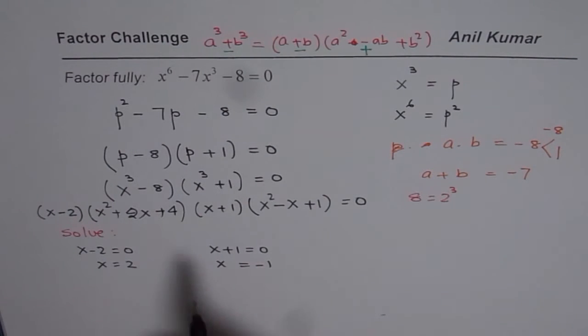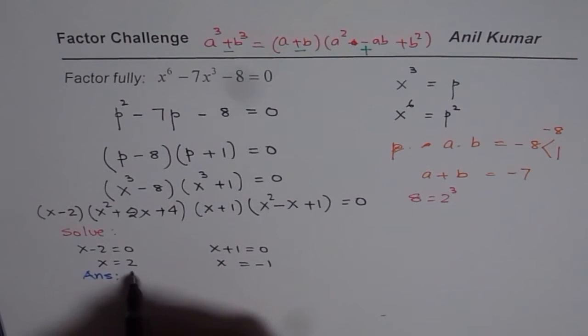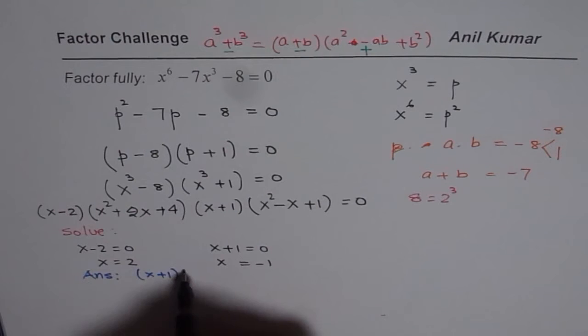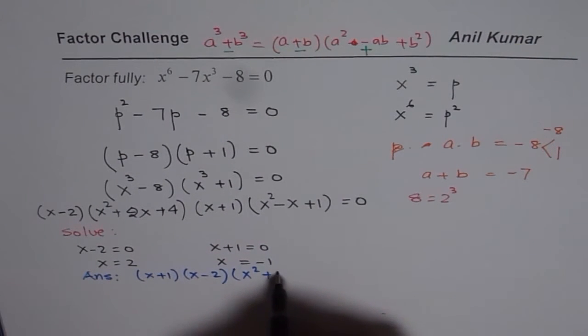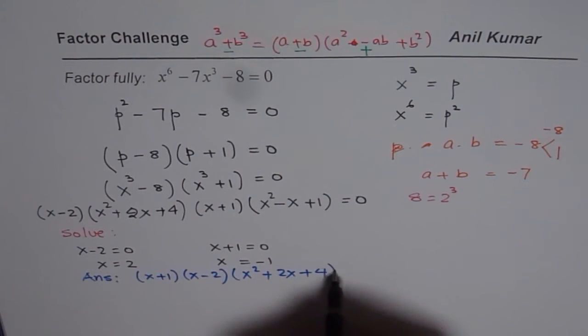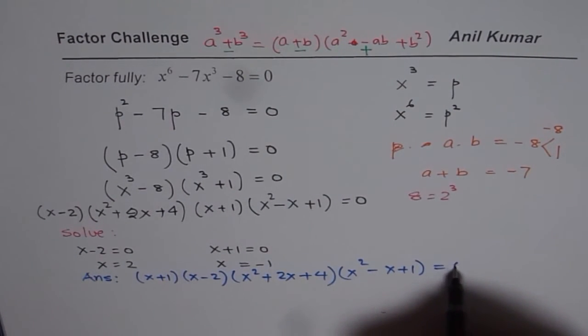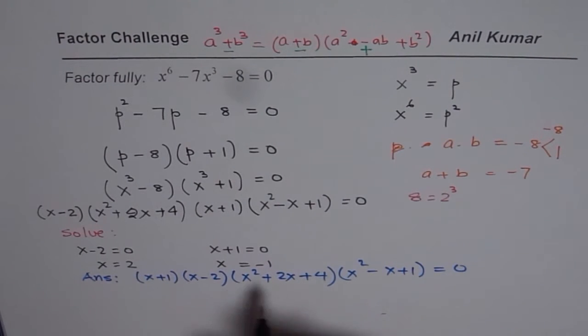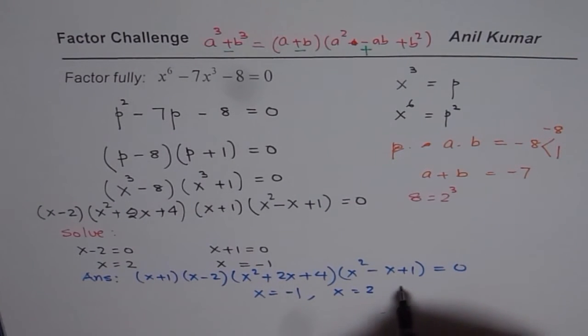The factored form will be x plus 1 times x minus 2 times x square plus 2x plus 4 times x square minus x plus 1 equals to 0. And if you need the solution, then we have x equals to minus 1 and x equals to 2 as solution for the equation, right?